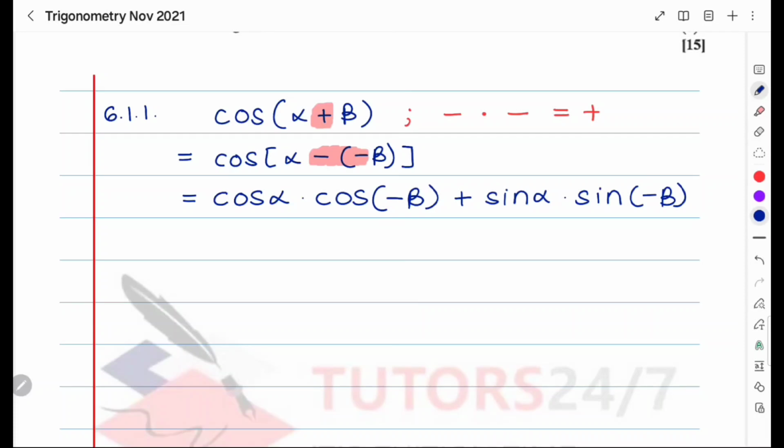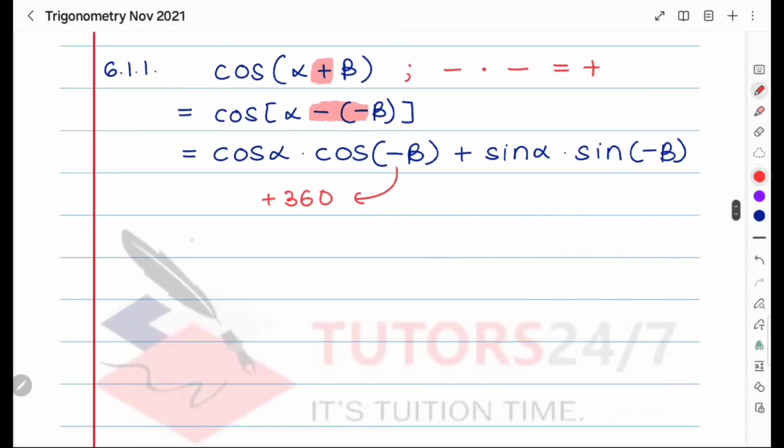Now we need to simplify this negative beta. So cos of negative beta, keep in mind this is a negative angle. So if you want to, you can add 360 to turn it into a positive angle. That is then going to become cos of 360 minus beta.